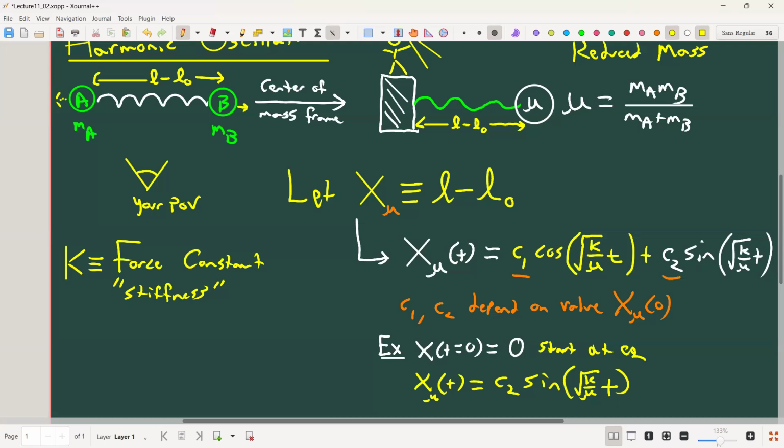That means that when the spring is let go, it's bouncing back and forth on an oscillatory line, compressing, extending, compressing, extending.